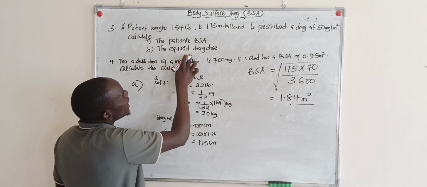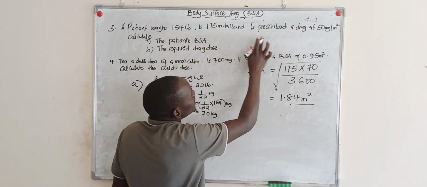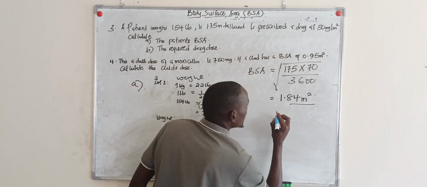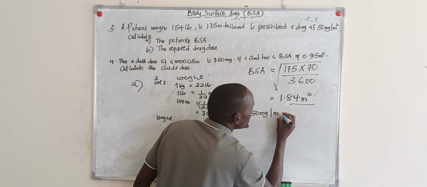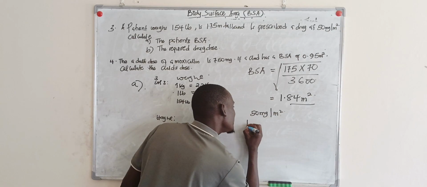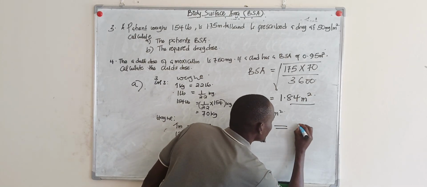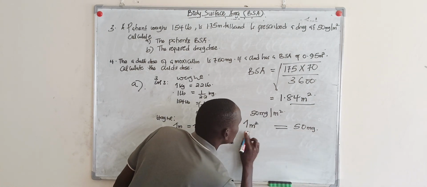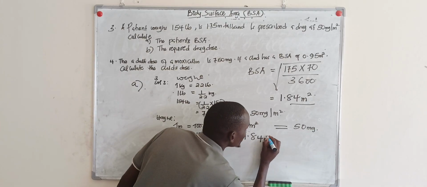Part B, they required the drug dose. They have told us that this patient was prescribed a drug of 50 milligrams per meter squared. So that means if 1 meter squared gives us a dose of 50 milligrams, how about the 1.84 meters squared?